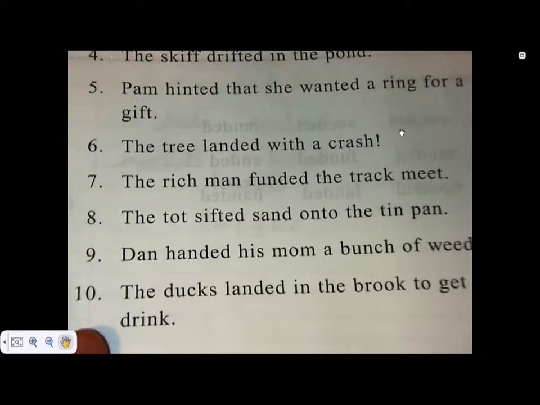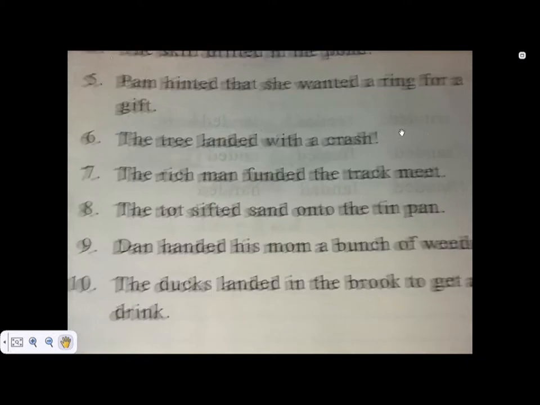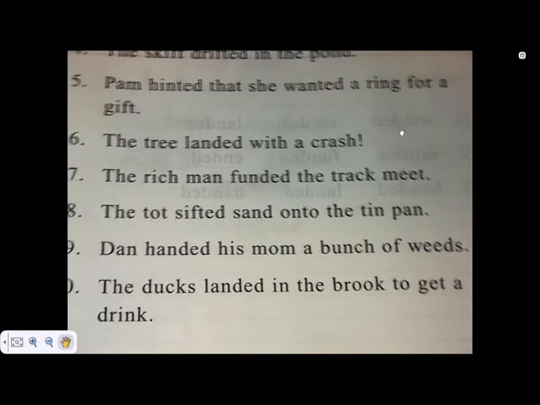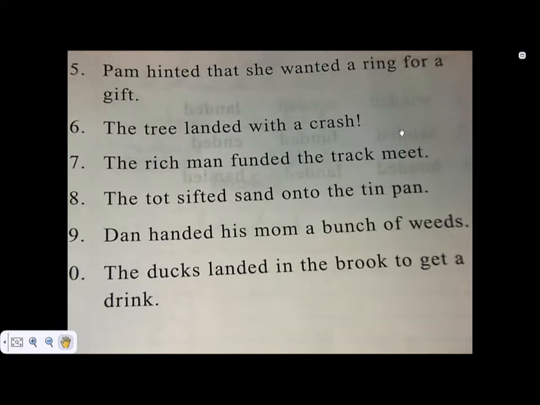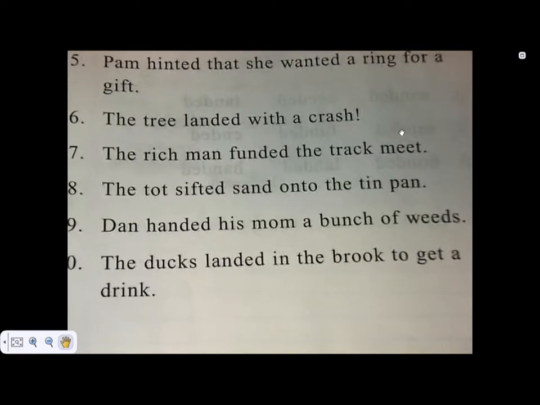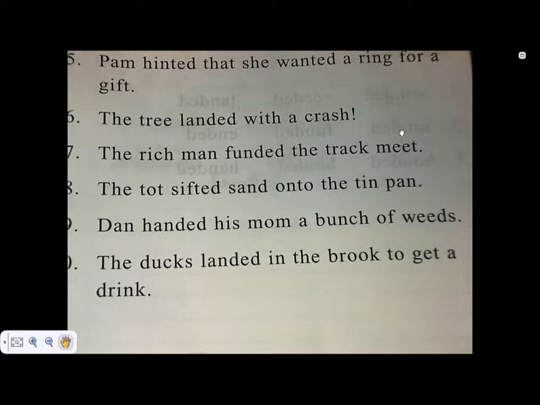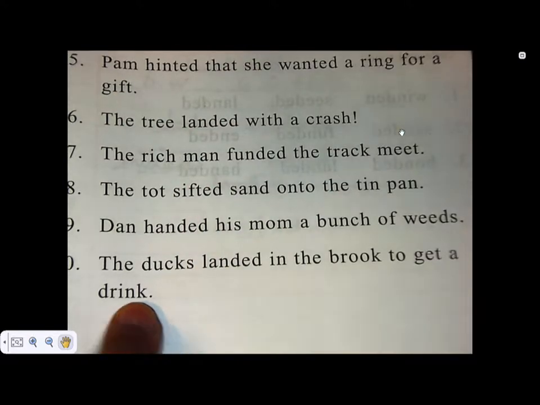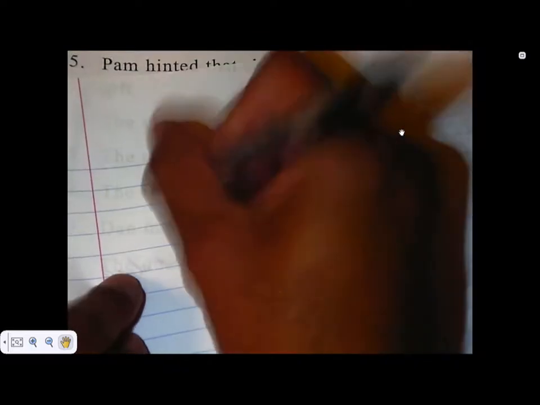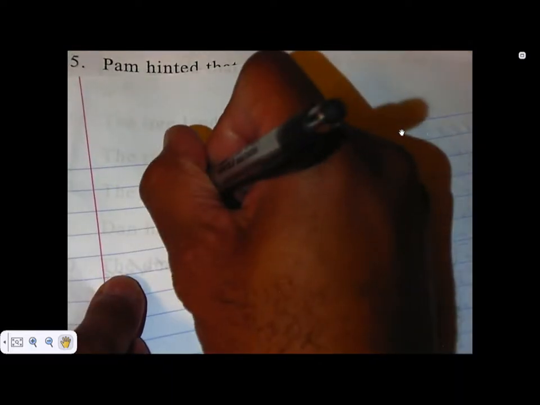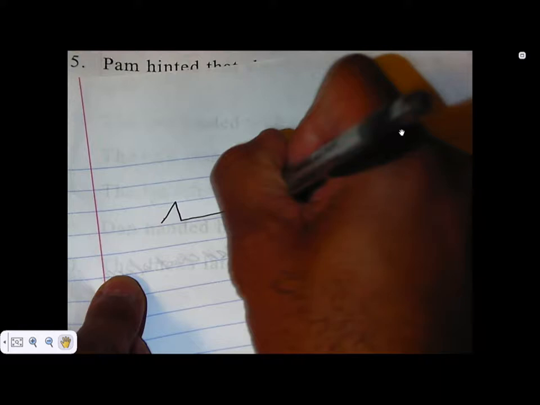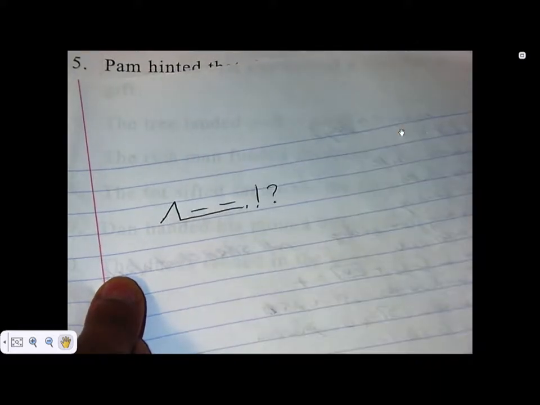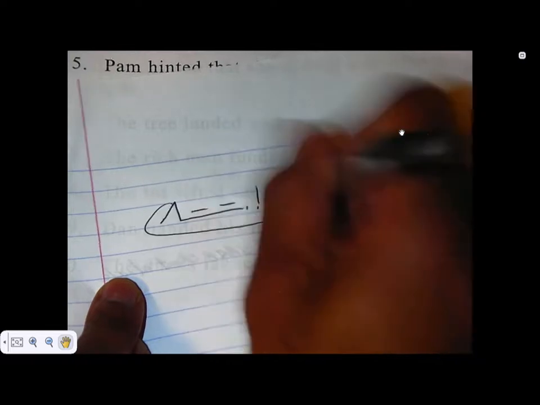And we're going to look at number 6 through 10, okay? I'm going to do number 6, and you do number 6 with me, and then we'll see which ones you will do. Remember, when we look at these sentences, a sentence starts with a capital letter, ends with some kind of punctuation mark, has a subject and a predicate, and that it expresses a complete thought.